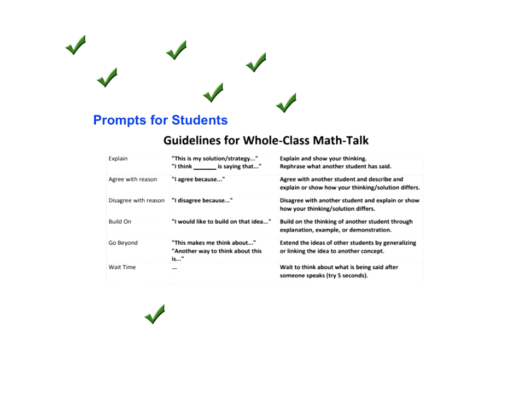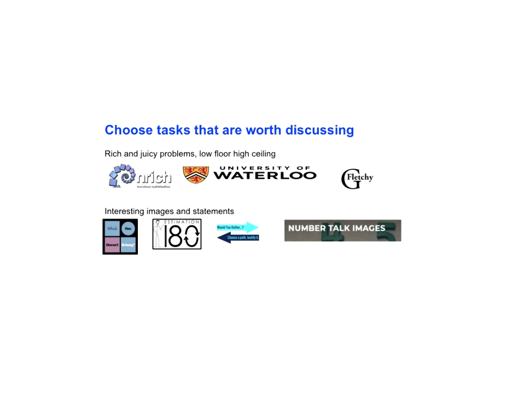Okay, so we've talked about norms, building the norms in the classroom, the expectations. We've talked about what the teacher's role is, and what the students' role is and the prompts for them. And then if we're going to ask kids to talk, we have to give them something worthwhile to talk about. So we want to spend time on really rich, juicy problems.